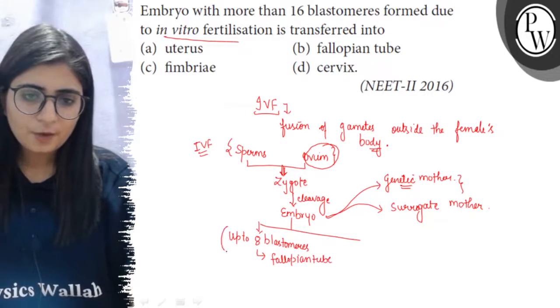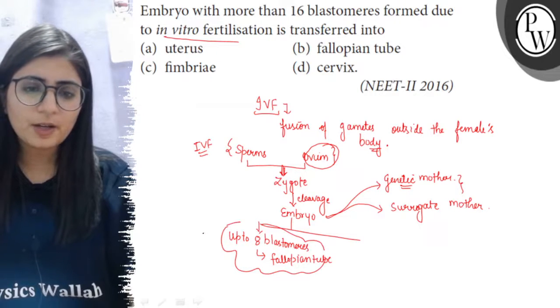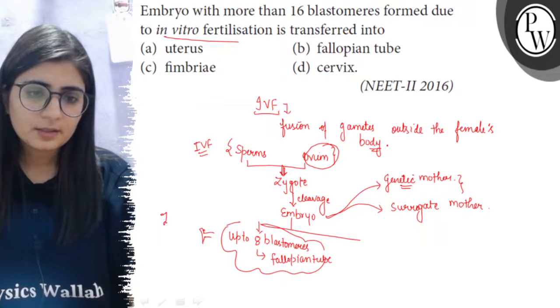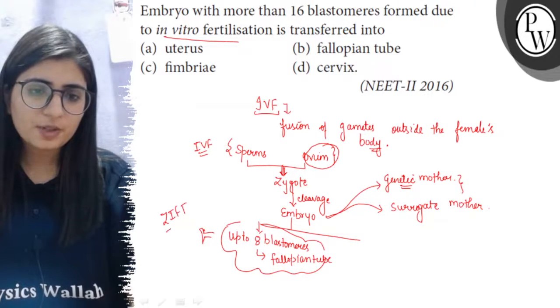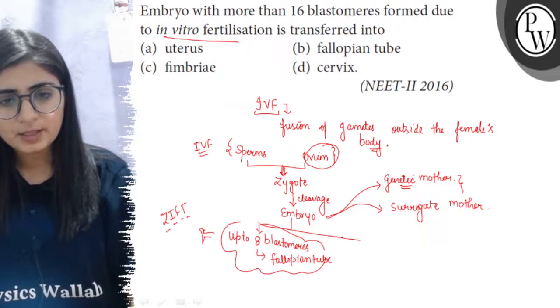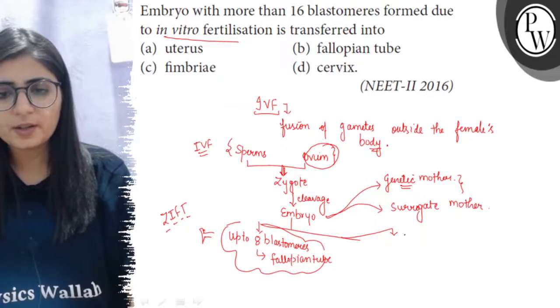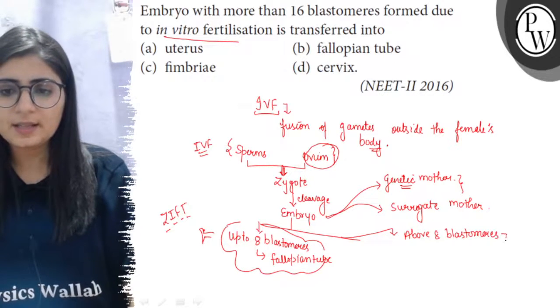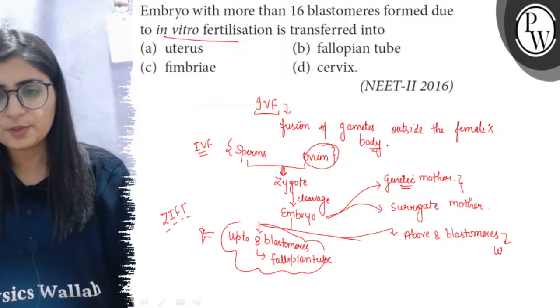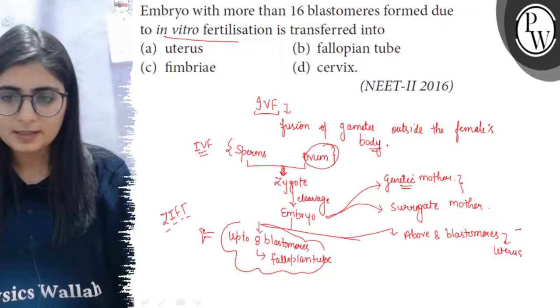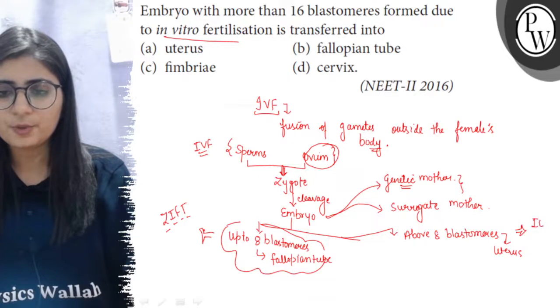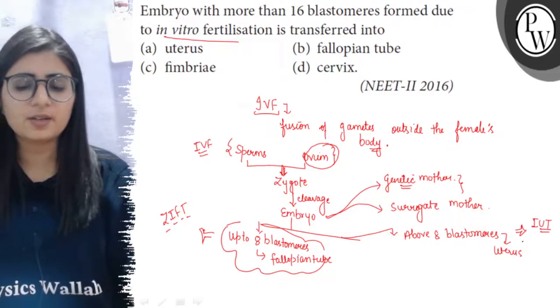And this technique of transferring the embryo into the fallopian tube is called ZIFT or zygote intrafallopian transfer. But if the embryo is transferred above the 8 celled stage or above the 8 blastomere stage, then it is directly introduced into the uterus of the female, and this technique is called IUT or intrauterine transfer.